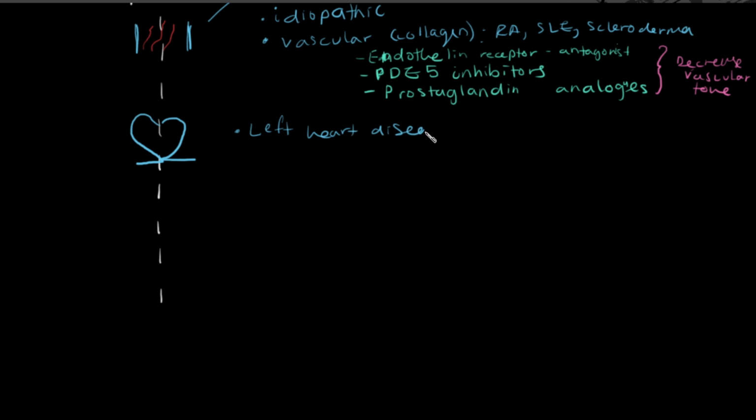This is most often left heart failure or any kind of valvular or stenotic condition. This is essentially caused by an increase in the left atrial and or left ventricular pressures, which causes an increased back pressure in the pulmonary circulation.